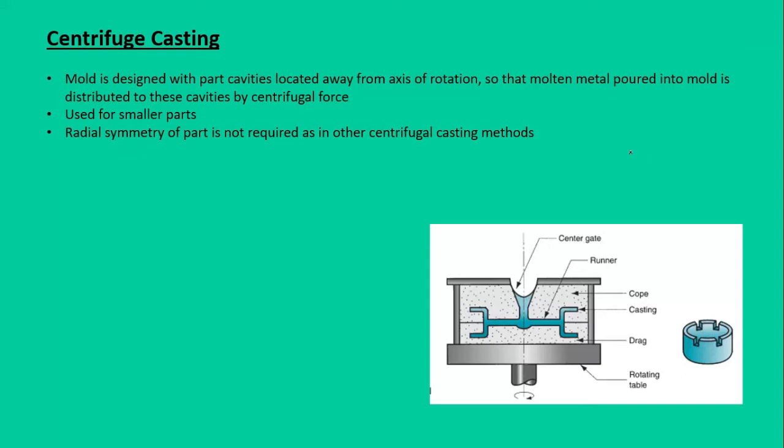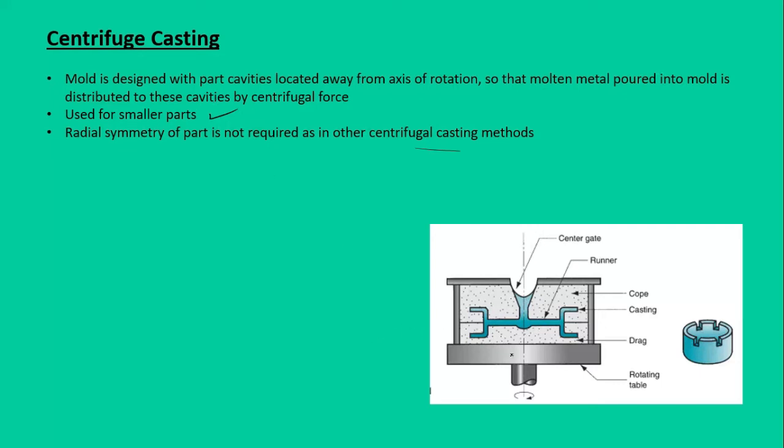Once we pour the molten material into the mold, it is distributed to these cavities by centrifugal force, which helps the molten material reach them. It is mostly preferred for smaller parts, and radial symmetry of the part is not required as in the other centrifugal casting.